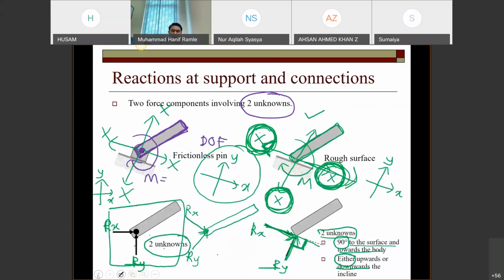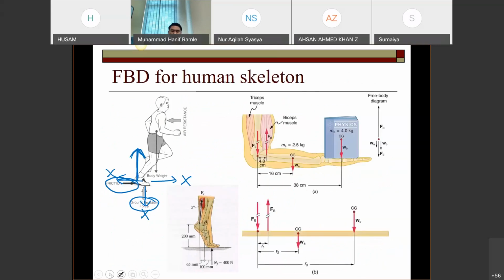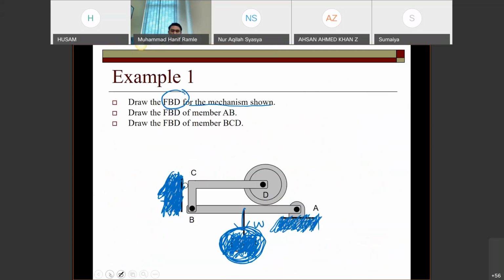This one. How many? Upward and downward. Two. Did you say about the reaction or the direction? The direction, upward and downward. What is the purpose of this direction actually?